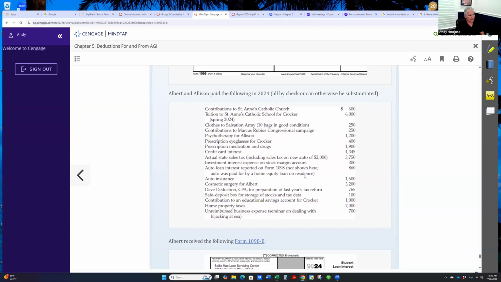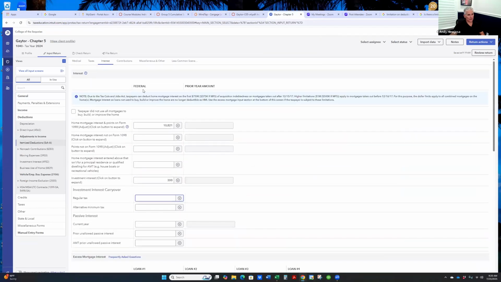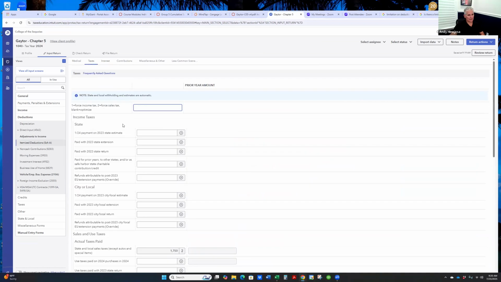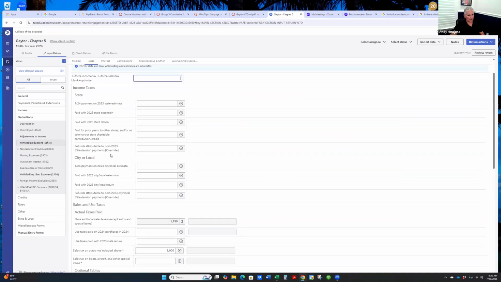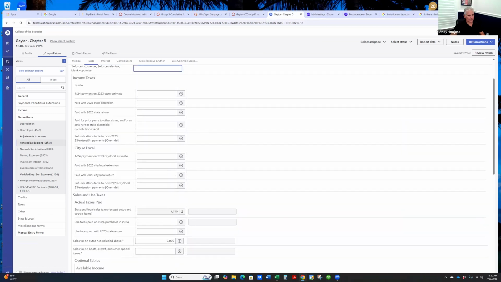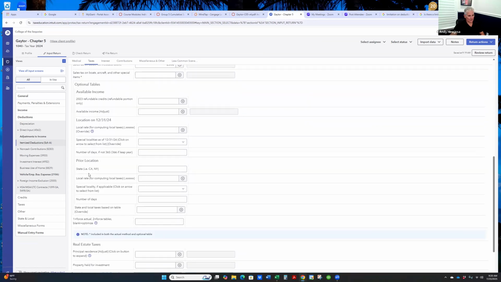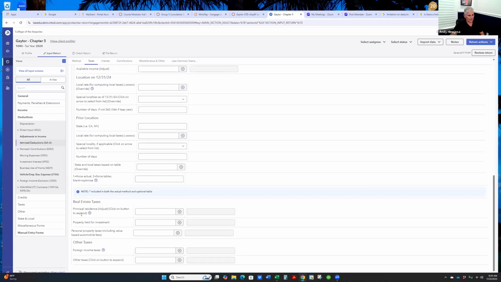Home property taxes, $7,000. That is definitely a tax deduction. Let's go to the tax return, look under taxes, and then put in property taxes. Where's that listed? We have income tax, sales and use tax, real estate taxes, there it is.